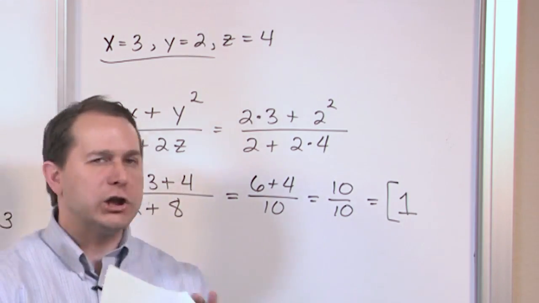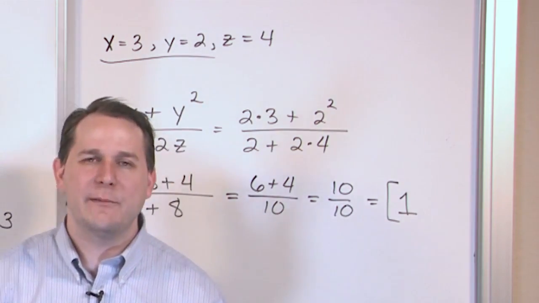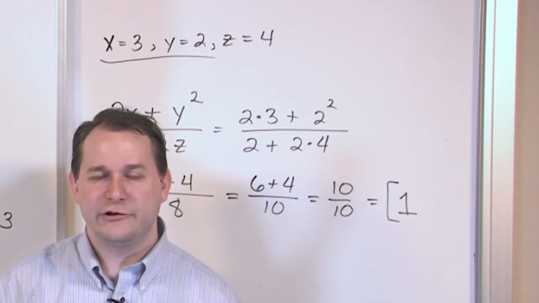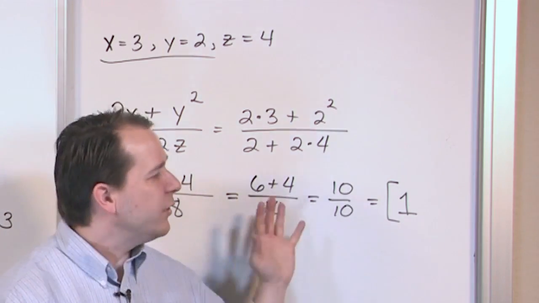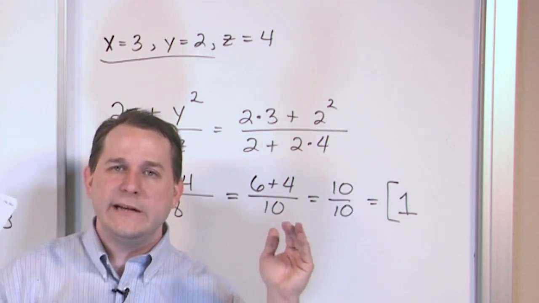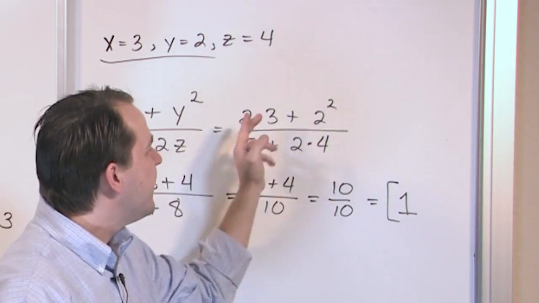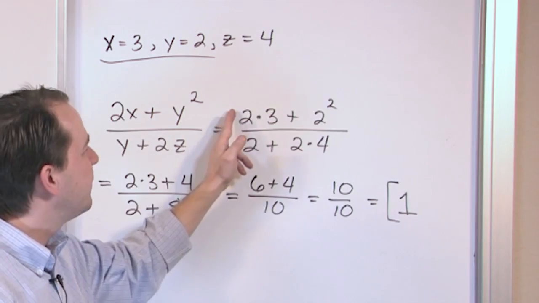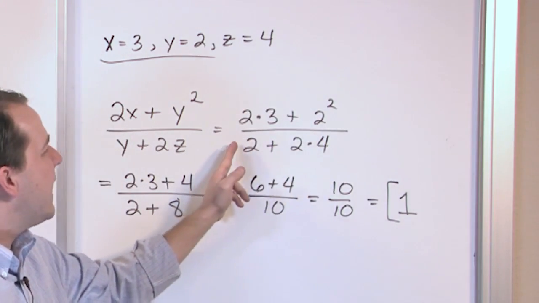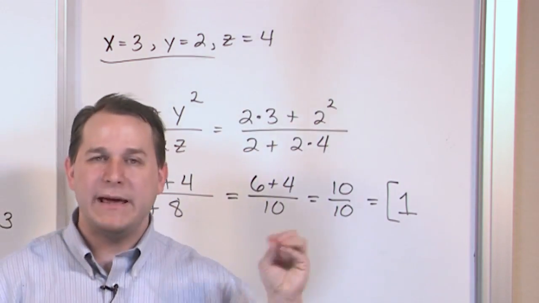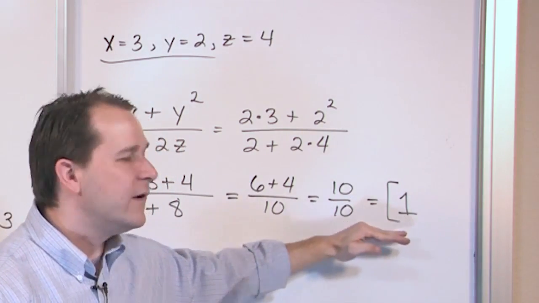When you have a large fraction, that's why we spent so much time on fractions in the last section, to get you really comfortable with that. But when you have large fractions like that, you really need to consider the numerator at the top to have implied parentheses. You must simplify everything on the top first and everything on the bottom independent of one another, and then at the end do the division.